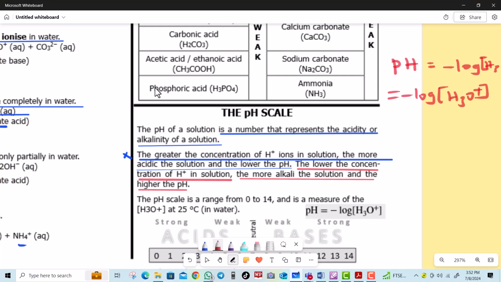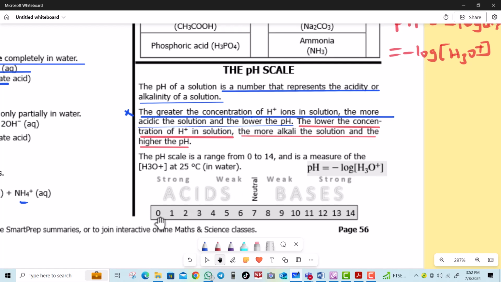Now we have got our scale here. As you can see, we have 0, 1, 2, and at 7 is neutral. These are acids, and these are bases. Note that the lower the pH, the stronger the acid, and the higher the pH, the stronger the base.